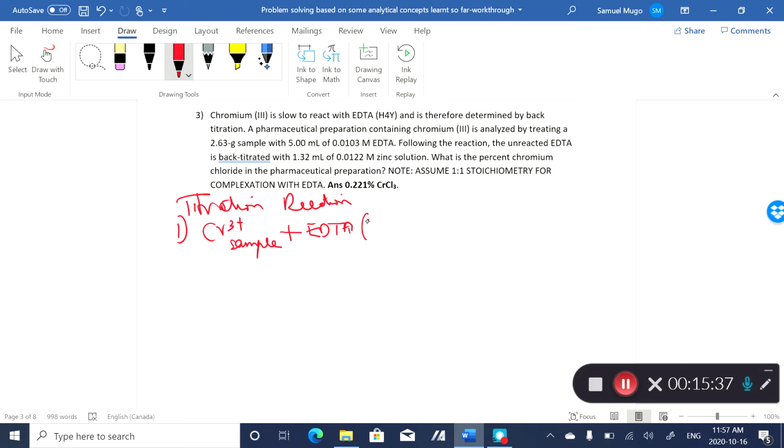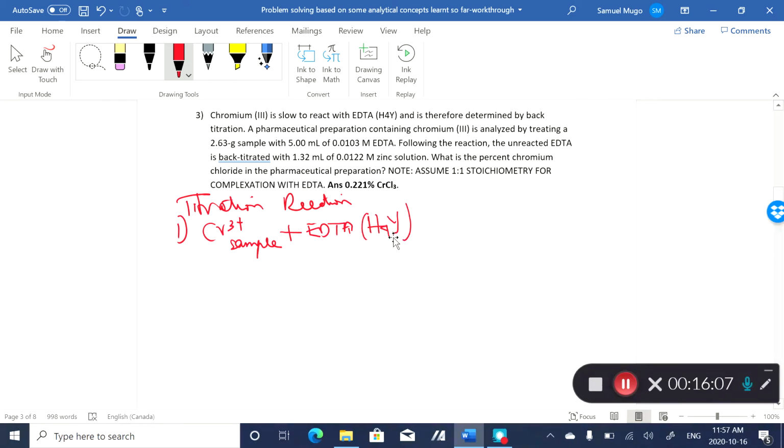Sometimes people symbolize EDTA using H4Y. It's got up to 4 hydronium ions that can dissociate, as we were talking about with polyprotic acids the other day. That's why you're saying it's H4Y.